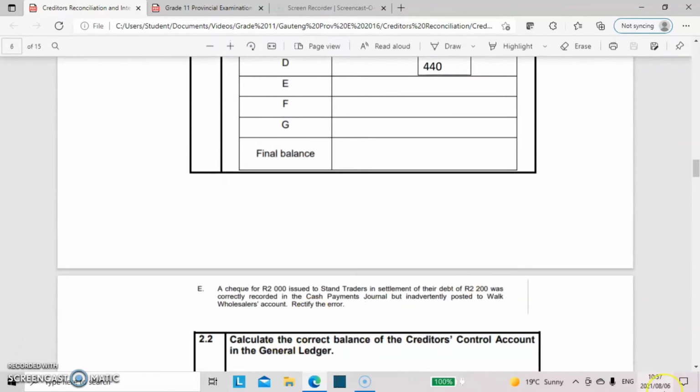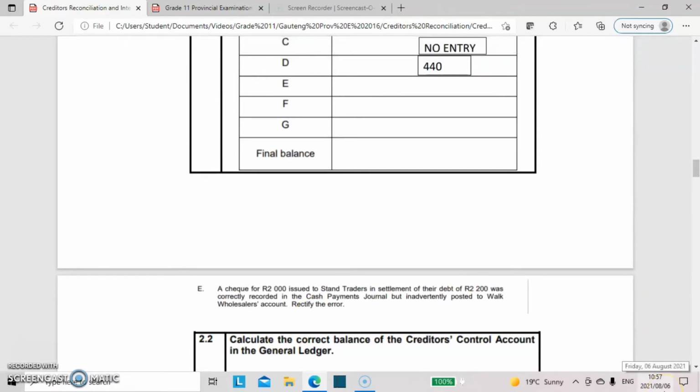A cheque for 2,000 Rand issued to Strand Traders in settlement of their debt of 2,200 was correctly recorded in the CPJ, but inadvertently posted to Walk Wholesalers' account. So what happened here is we posted it in the CPJ. It went to my creditors control account.